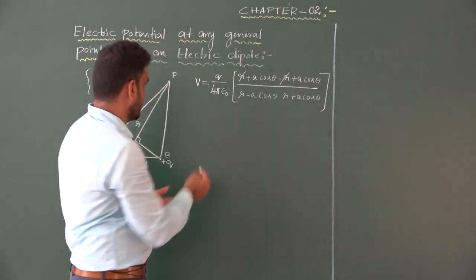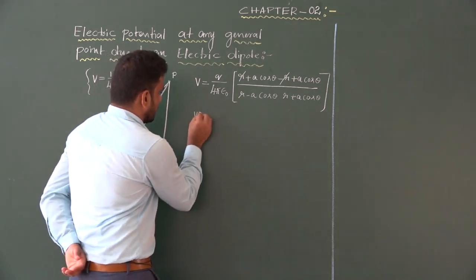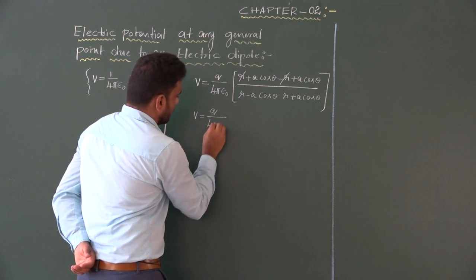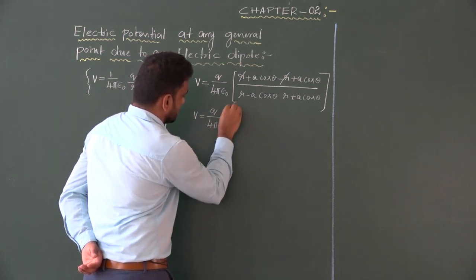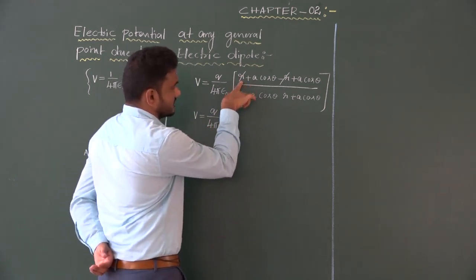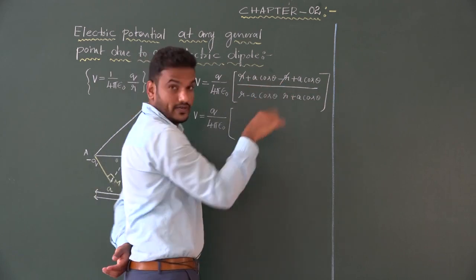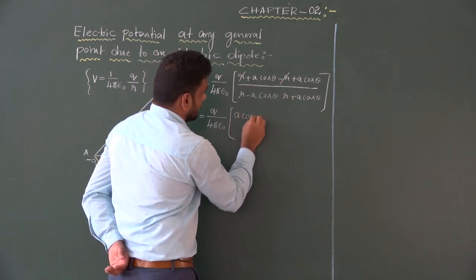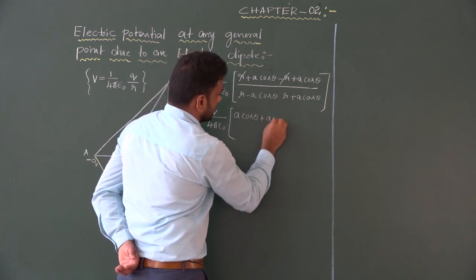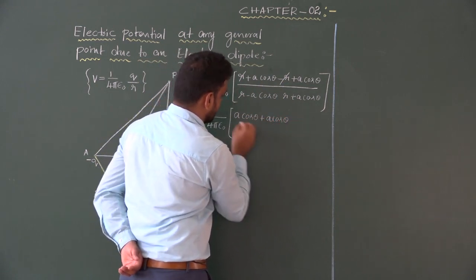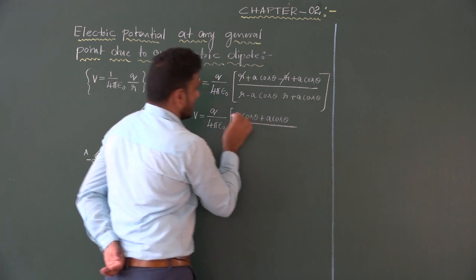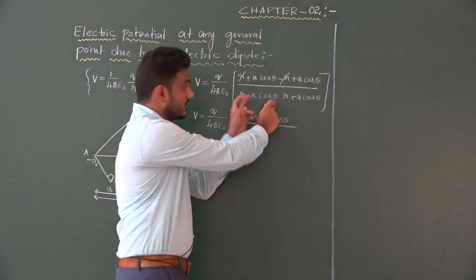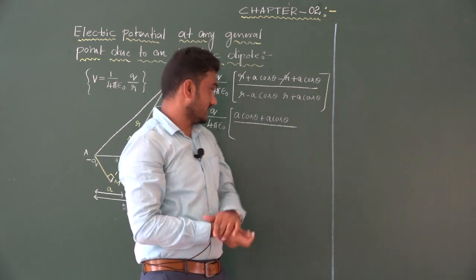Now the equation becomes V is equal to Q divided by 4 pi epsilon naught, the remaining thing a cos theta plus a cos theta, divided by R minus a cos theta into R plus a cos theta.